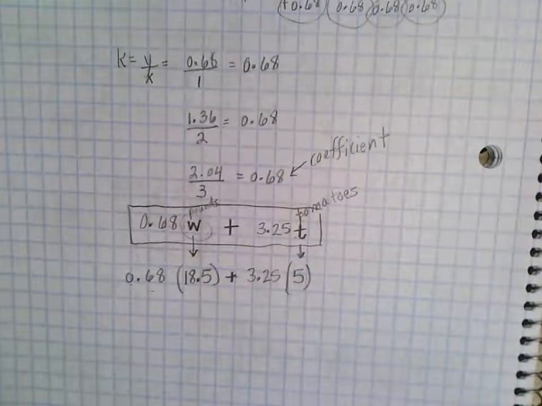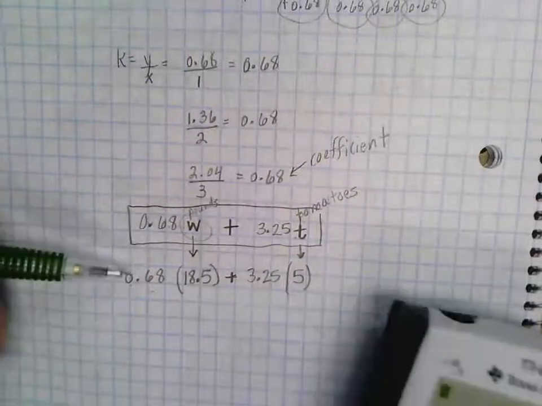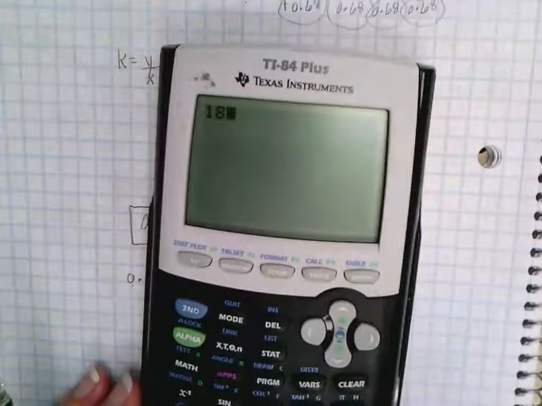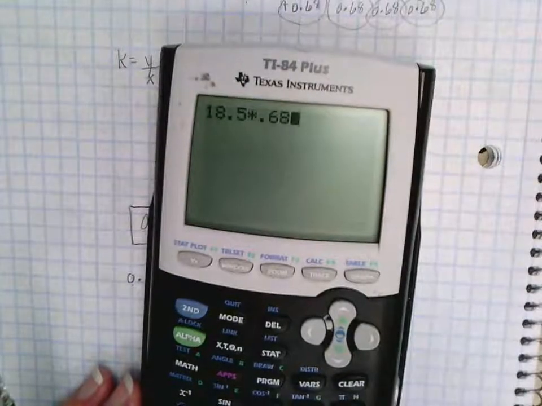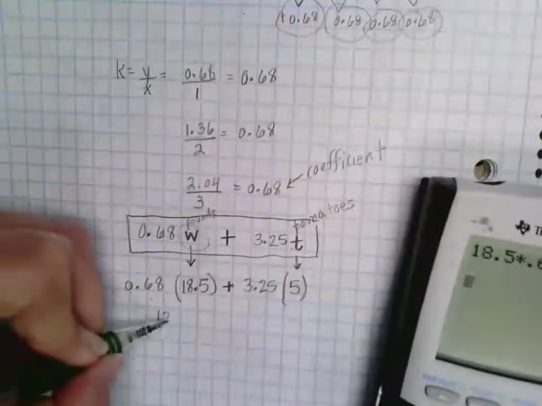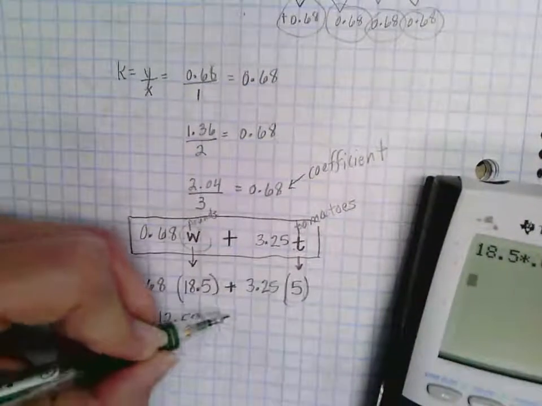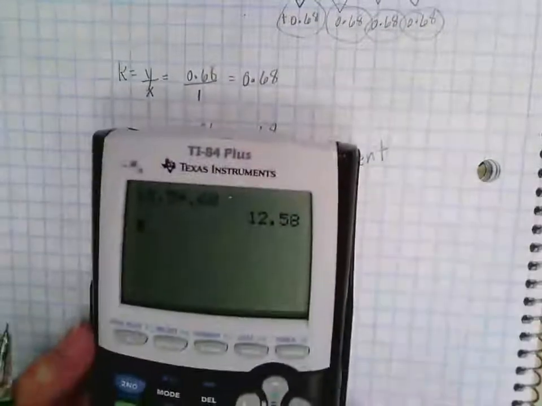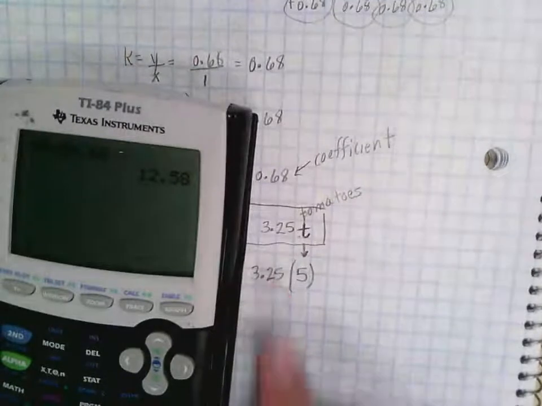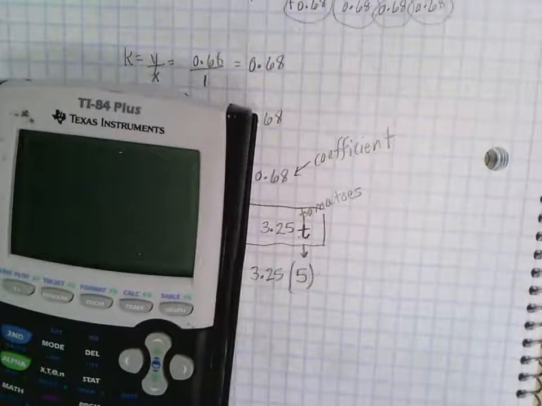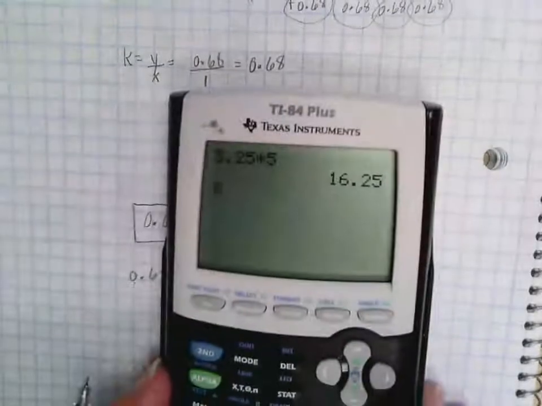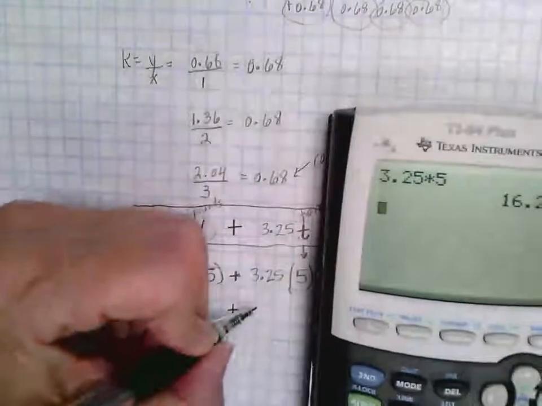So this is where I use my calculator. 0.68 times 18.5, I get $12.58. And then first I'm going to determine this quantity. $3.25 times 5 is going to give me $16.25.